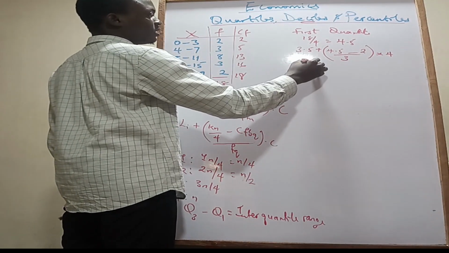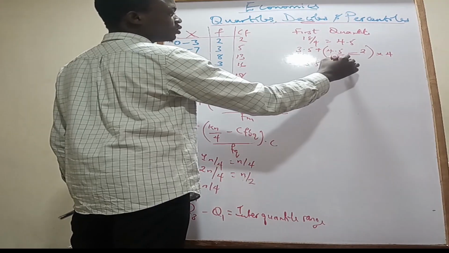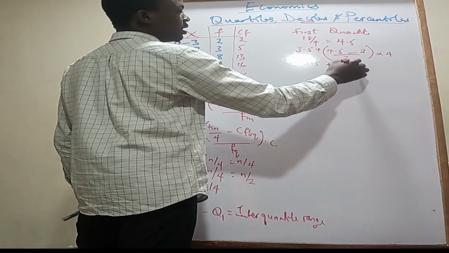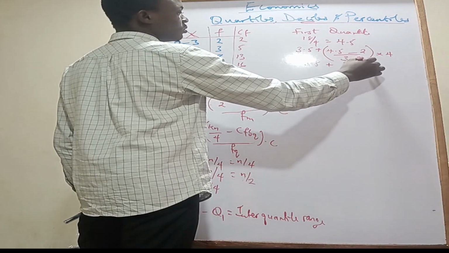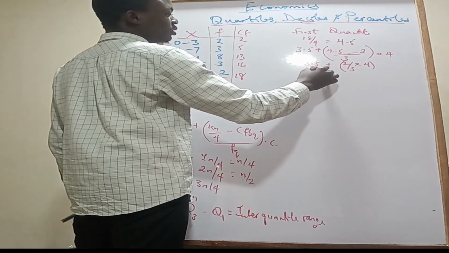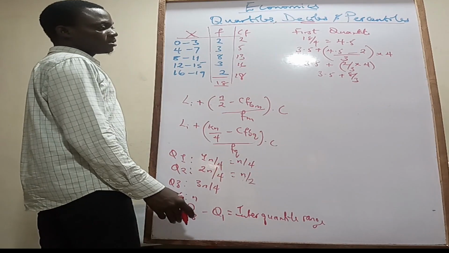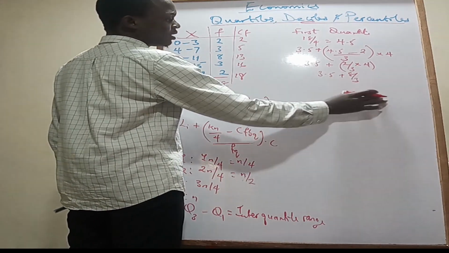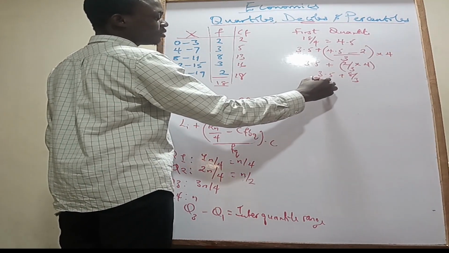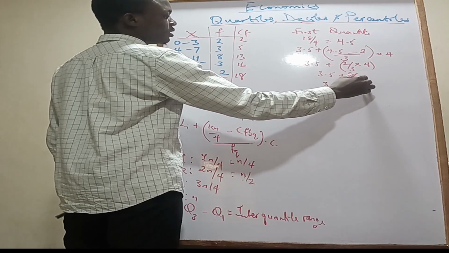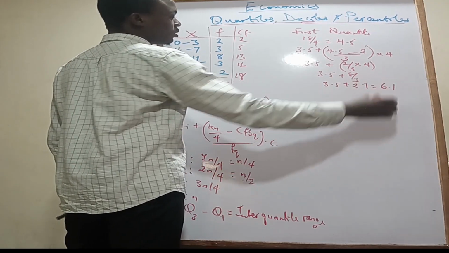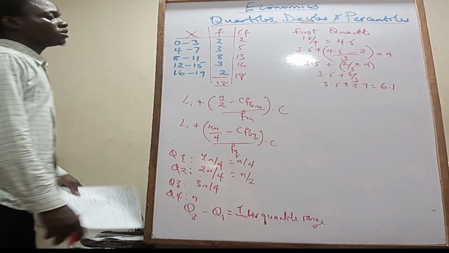So 3.5 plus 2 over 3 multiplied by 4, which is 8 over 3. That is 2.66, approximately 2.7. So 3.5 plus 2.7 equals 6.1. So our first quartile is going to be 6.1.